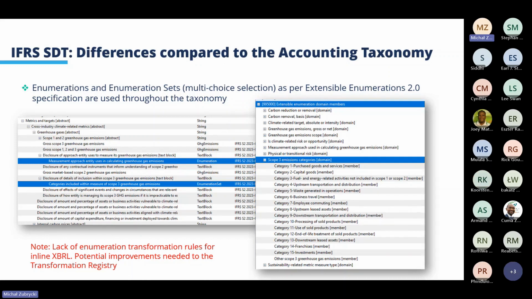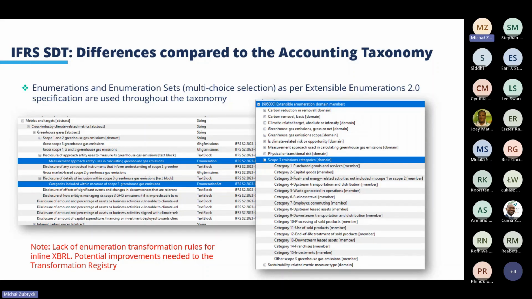Which is great for us. But one thing that I wanted to stress, actually two things, are specifically what type of enumerations are introduced, and maybe for those who are new to these technicalities, because we know that not only the software vendors are available in this meeting.